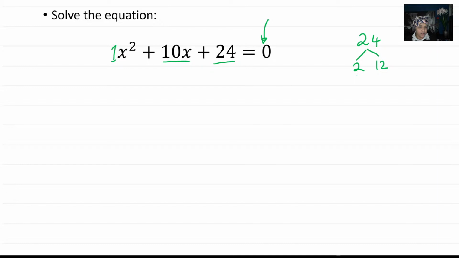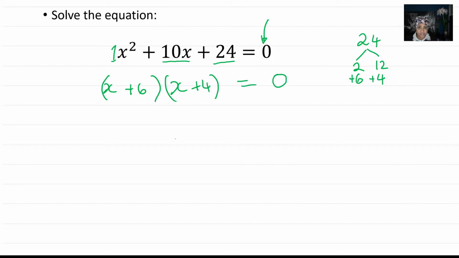So 24, I can use the 6 and 4 again. I think it's the one from before, guys, but we're now going to solve, right? So we're going to have 2 brackets here, and then our numbers are both plus here. So we're going to have x plus 6 and then x plus 4 equals 0.